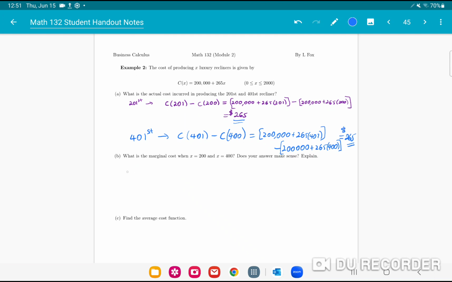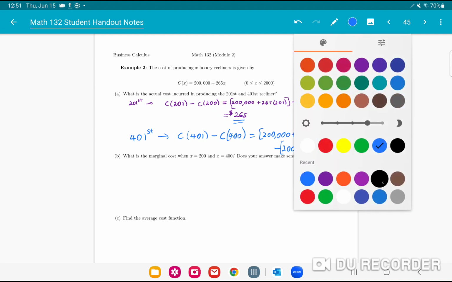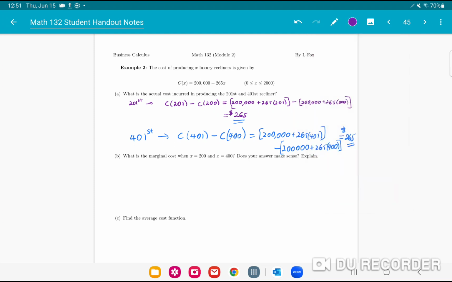Now let's calculate the marginal cost. C prime of x. Derivative of 200,000 is 0. Derivative of this is 265. It's the constant function 265.